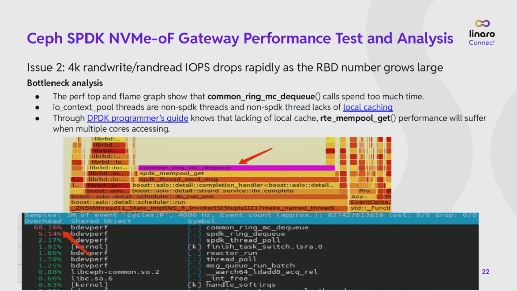Also through the DPDK programmer's guide, we know that without a local cache, the memory pool get performance will suffer when multiple cores are accessing. So this is a document in the DPDK programming guide.